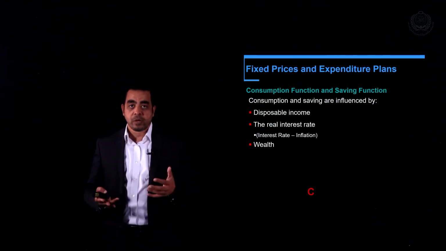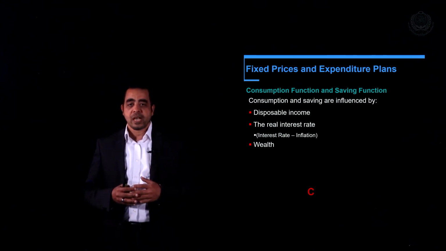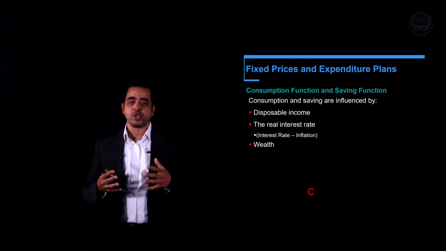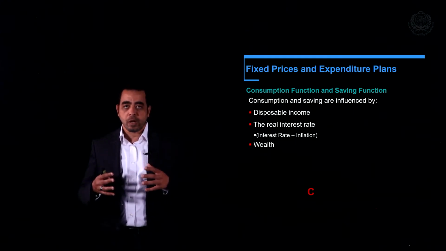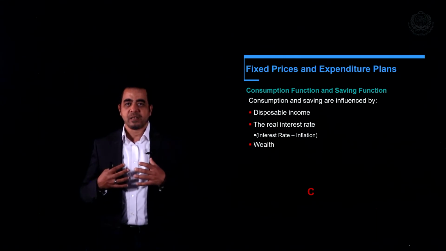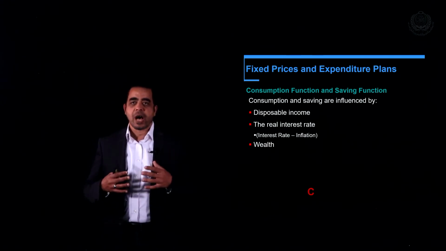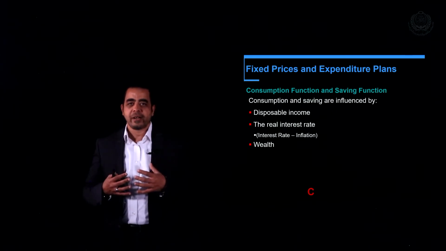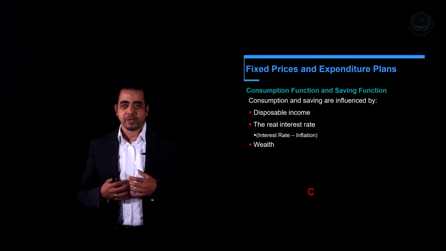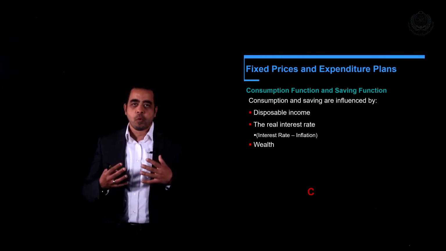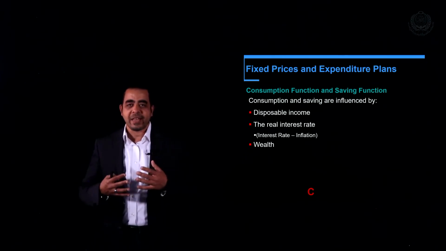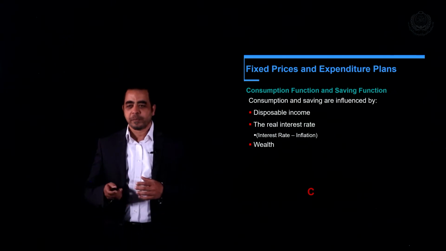Will you save more? Of course, you will save less. So as we can see here, the relationship between your wealth and your consumption is a positive relationship. The higher your wealth, the higher your consumption. And the lower your wealth, the more savings you need to make and the lower your consumption.